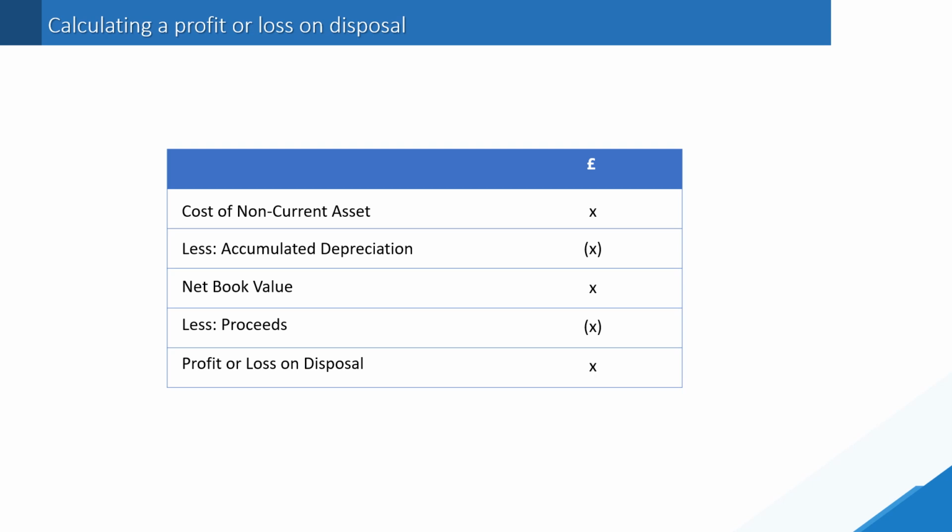If, however, the net book value is lower than the proceeds, then a profit has been realised. And again, in that example, it's because the sale proceeds exceed the net book value, the amount that we thought the asset was worth. So we need to keep that calculation in mind as we go through the forthcoming slides.